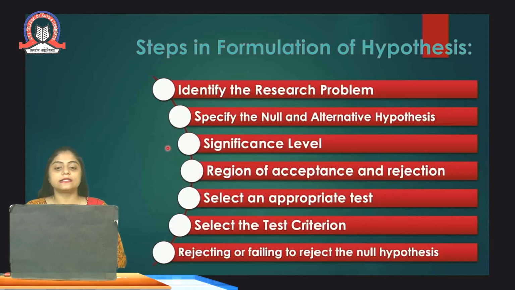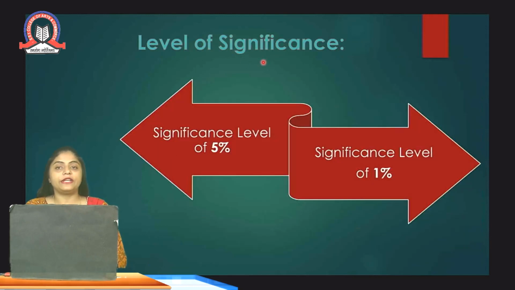The third step is the significance level. We need to decide the level of significance. Broadly, there are two levels of significance: significance level at 5% and significance level at 1%. At the 5% level, the risk of making a wrong decision is 5 out of 100 occasions.